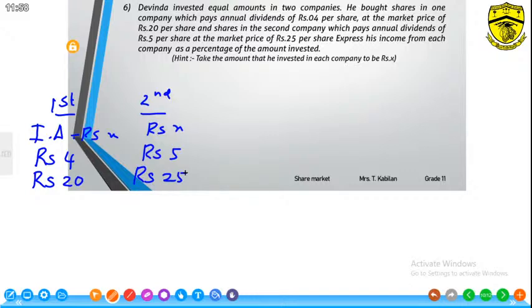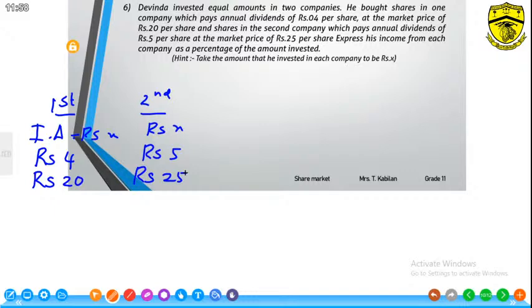How do you find the income from both companies? In the first and second companies, we don't know the number of shares. First of all, we need to find the number of shares, then you can find the income easily in both companies. Then add the two, and you will obtain the total income from both companies. In the first company, how do you find the number of shares?